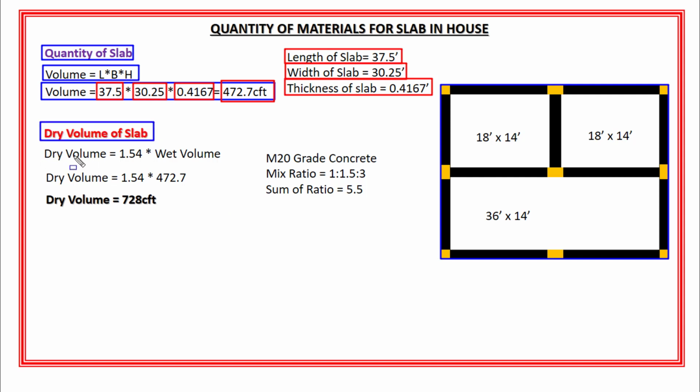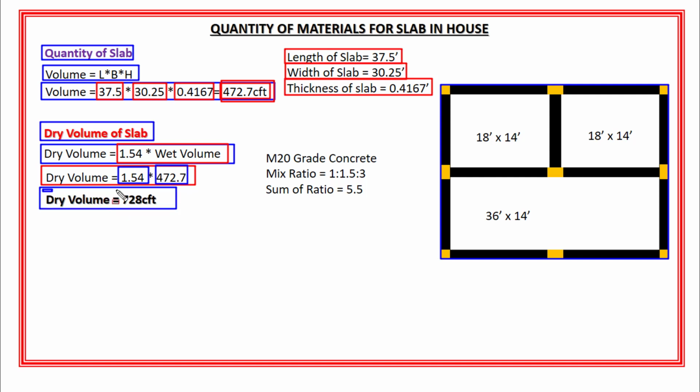Now we know that the dry volume of concrete is equal to 1.54 times the wet volume. Here the wet volume of slab is equal to 472.7 cubic feet. Okay, so the total dry volume of slab is equal to 1.54 multiplied by 472.7, and it will become 728 cubic feet. So the total dry volume of slab is equal to 728 cubic feet.